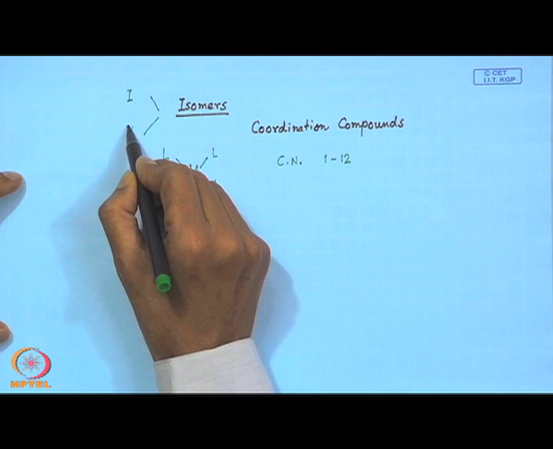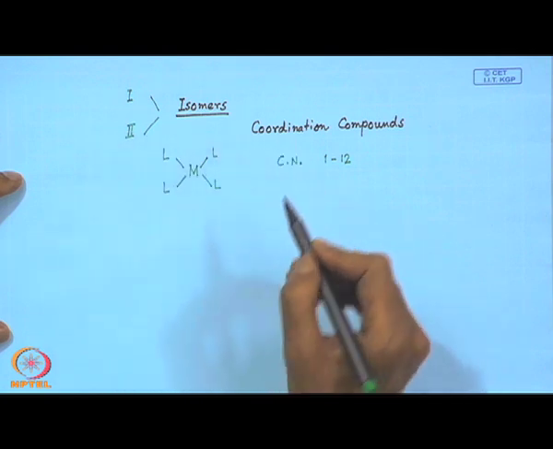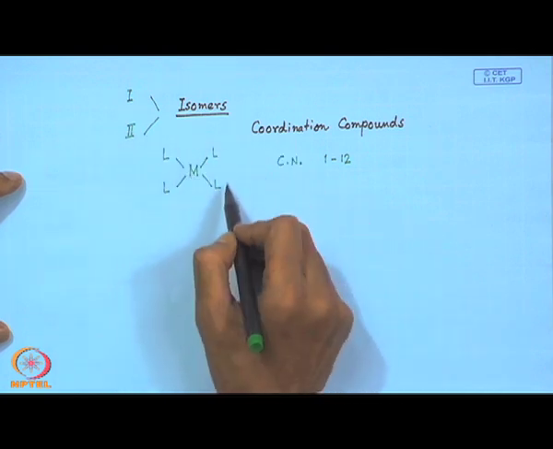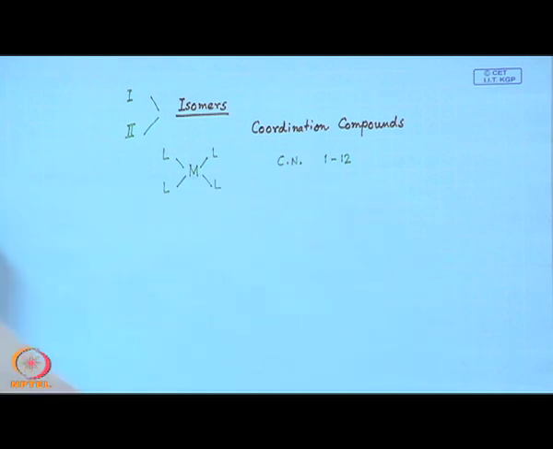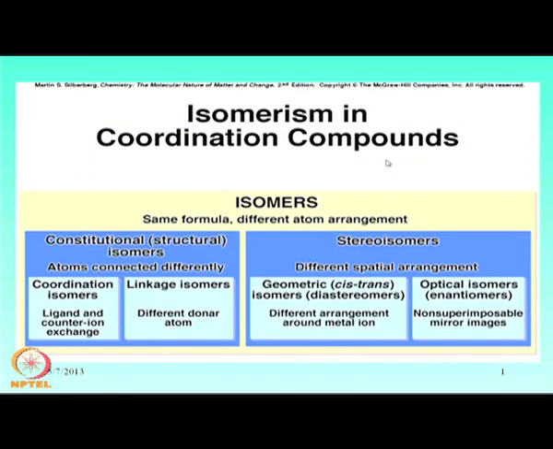So, we can have isomer 1 and isomer 2 due to the different positioning of these ligands around the metal center.